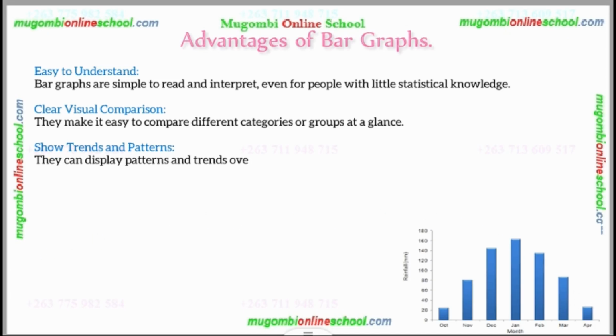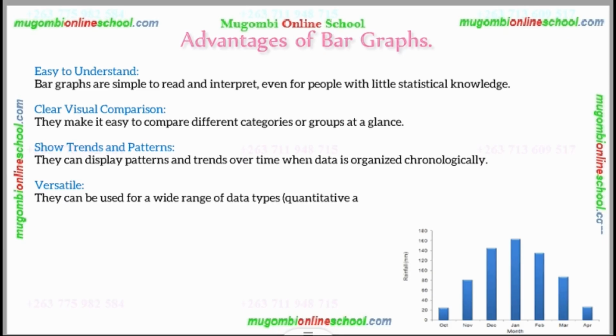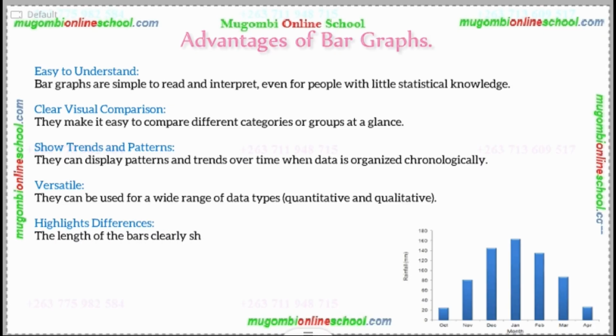It shows the trends and patterns, which means they can simply display patterns and trends over time when data is organized chronologically. It is also versatile, which means they can be used for a wide range of data types, that is quantitative and qualitative data. The bar graphs also highlight differences.